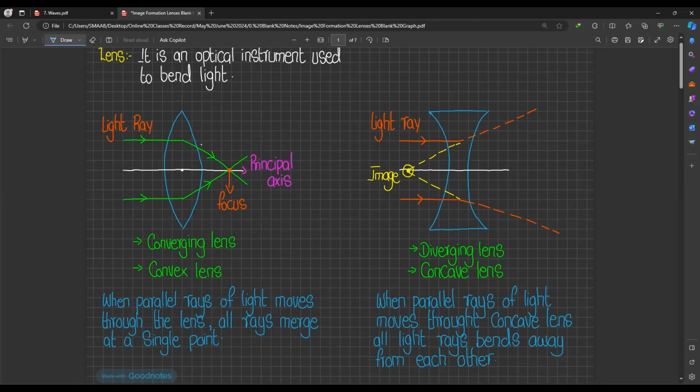Any confusion? Yes, sir. No, sir. So this is the basic idea and the basic differentiation of the concave and the convex lens.